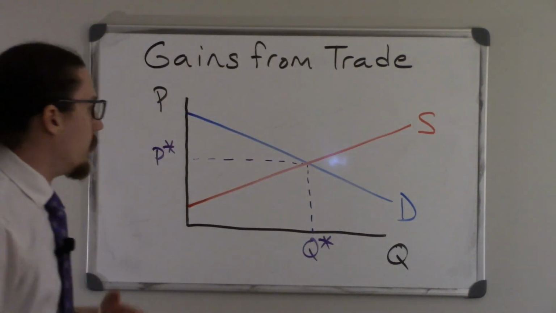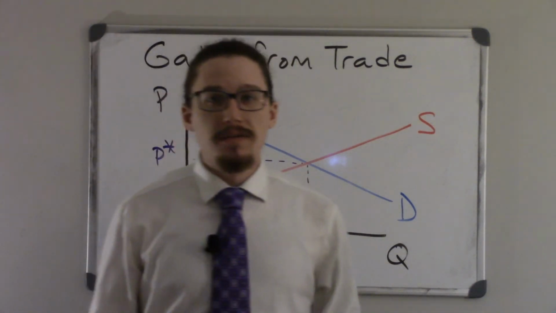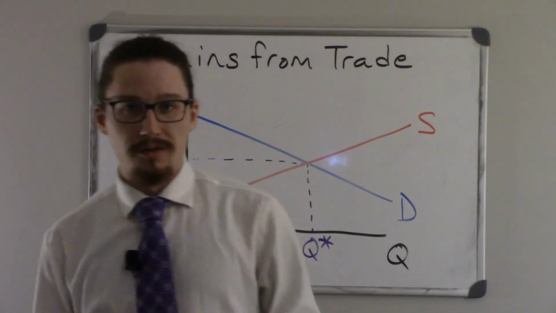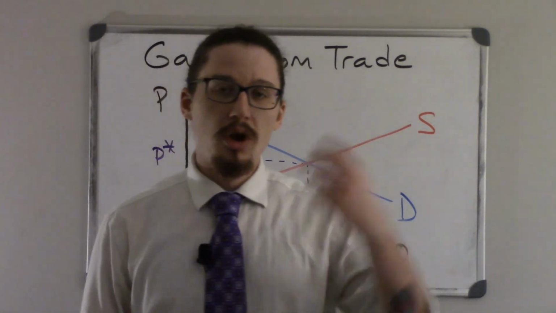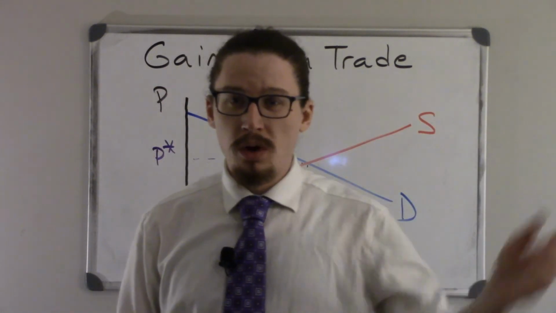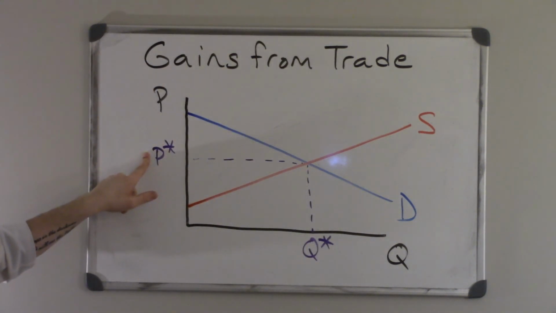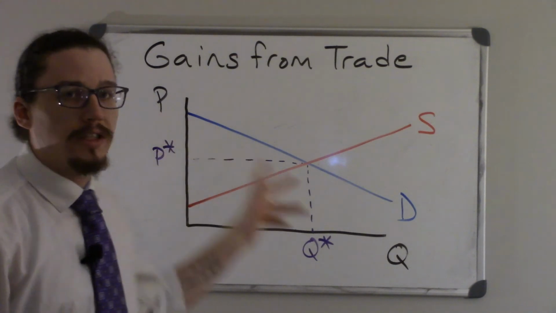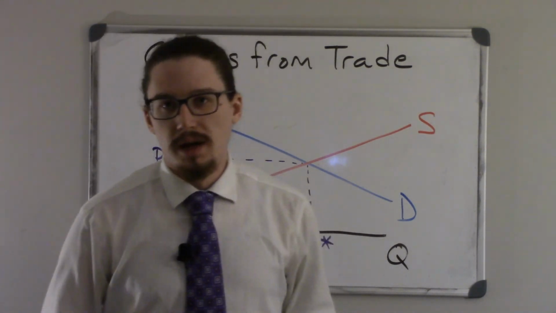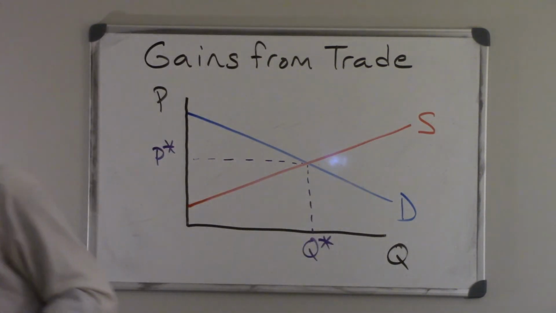But again, even if they were willing to sell it for lower as a producer, or willing to buy it for more as a consumer, they are still paying P star. All right, and this is where our gains from trade come in.